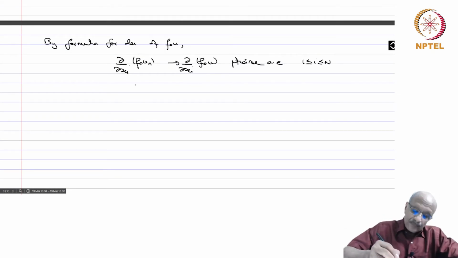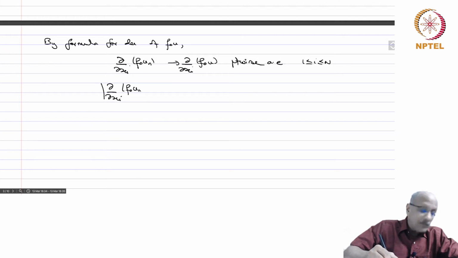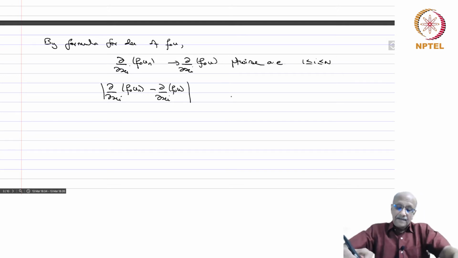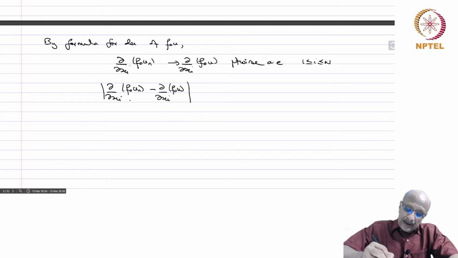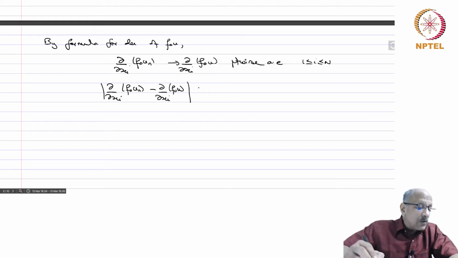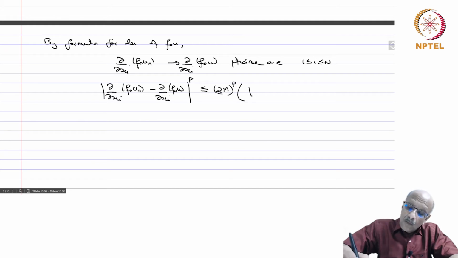Okay, so you have this, and |∂/∂x_i of f(u_n) - ∂/∂x_i of f(u)|, each of them is less than or equal to M times, so this is less than or equal to 2M, so this is power p into |∂u_n/∂x_i|^p + |∂u/∂x_i|^p.